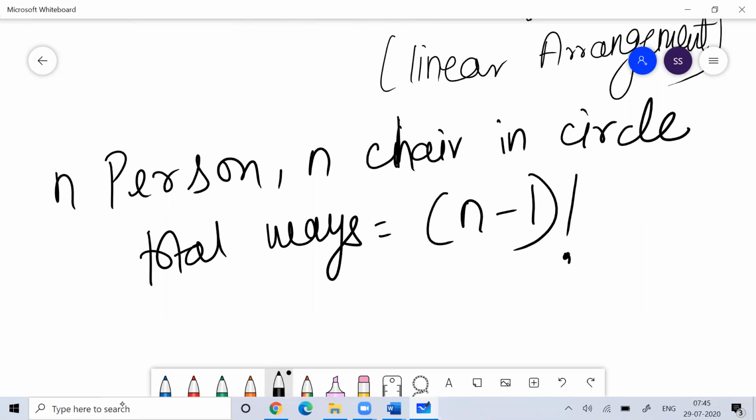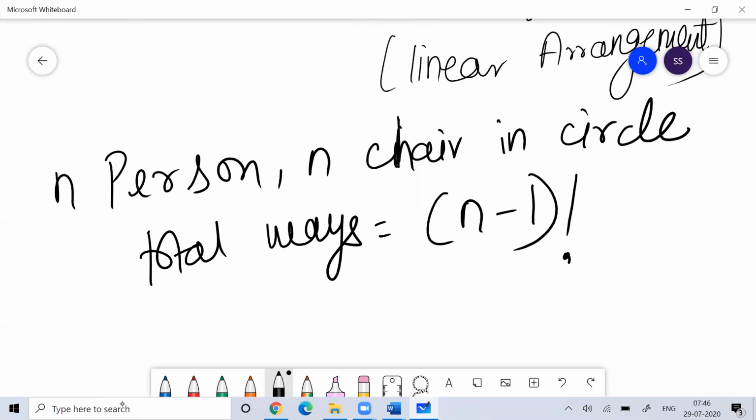When you have n persons and n chairs in a circle, for the first person who comes to sit, all places are identical. Once he sits, you can define the places of the other persons with respect to this person.